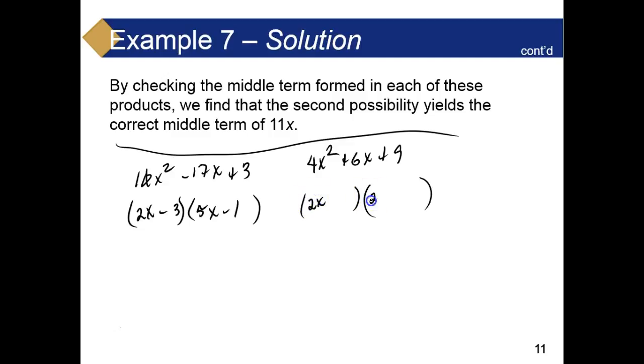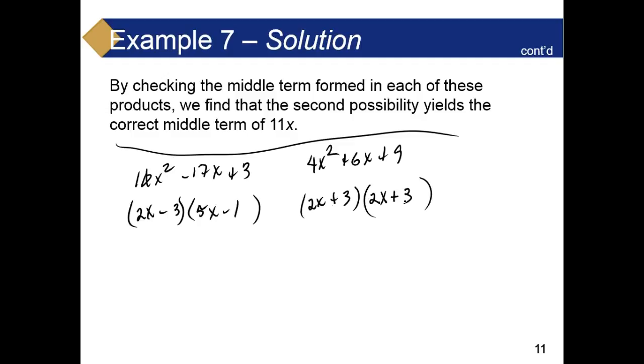2x times 2x. Not a bad place to go. Next. Look at the signs. What is it? Plus. What does that tell you about these two signs? Have to be the same, and they both have to be plus. And then where do we look? What's the possible factorization there? 3 and 3.